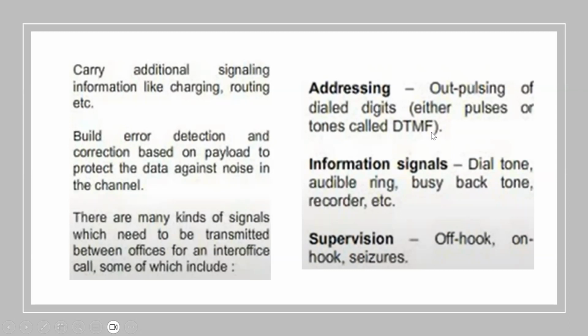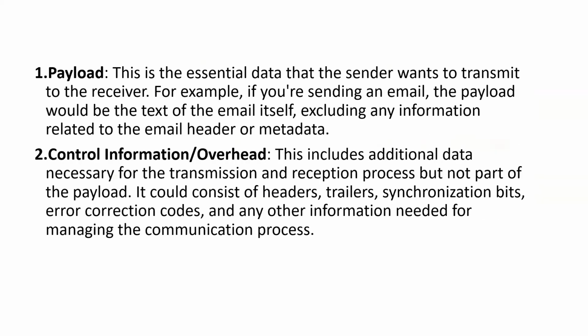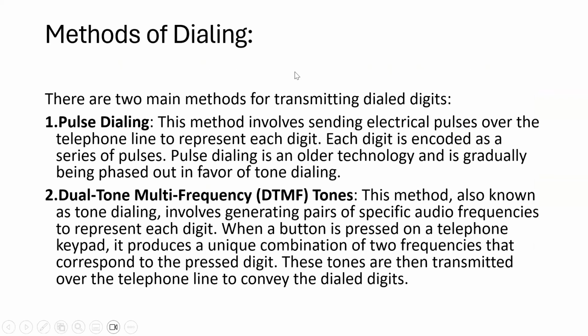When we press digits, or rotate the dial on our landline phone or press them on our mobile phone, we are giving an address to the telephone office. So how is that dialing processed?